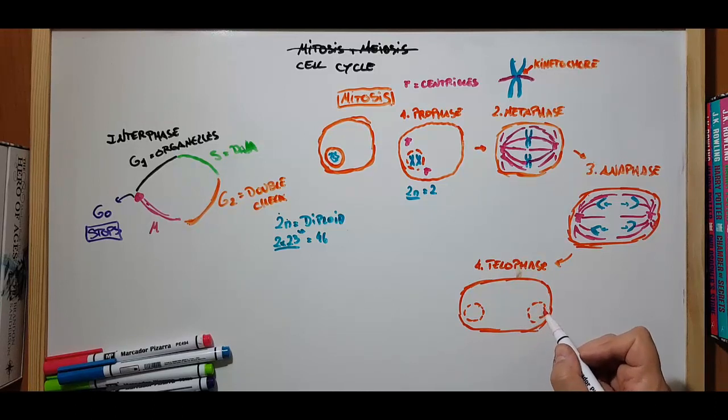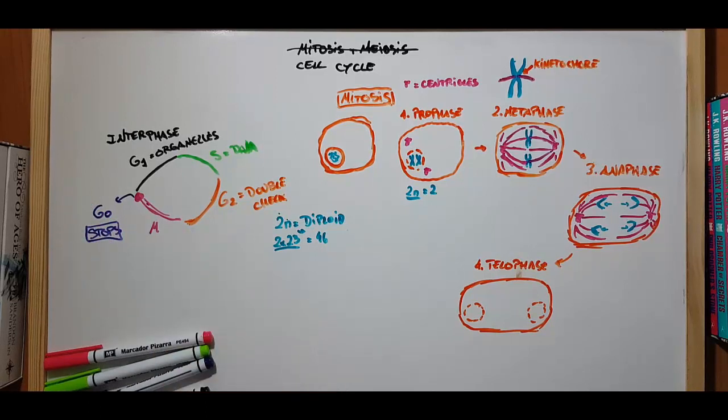But we're going to have two nuclei. The nuclei are going to store the genetic material as the chromosomes become chromatin again and disappear.